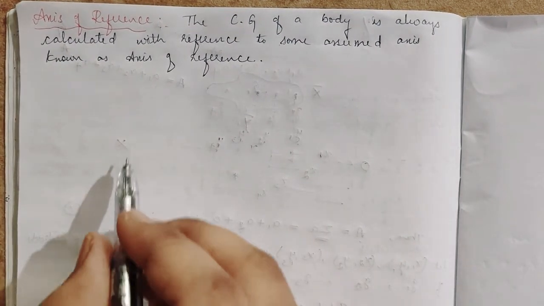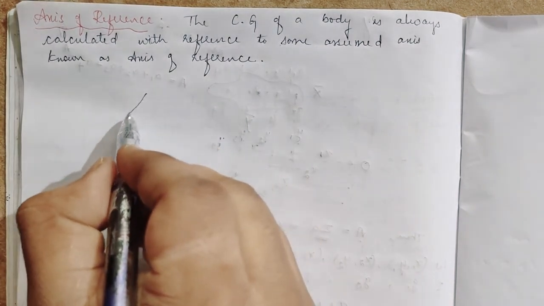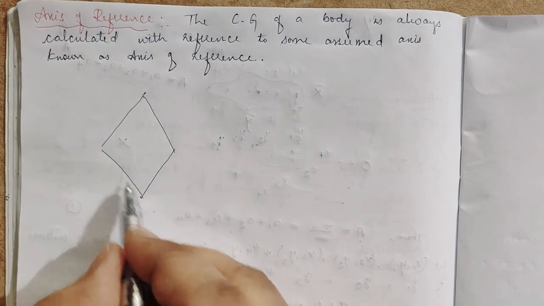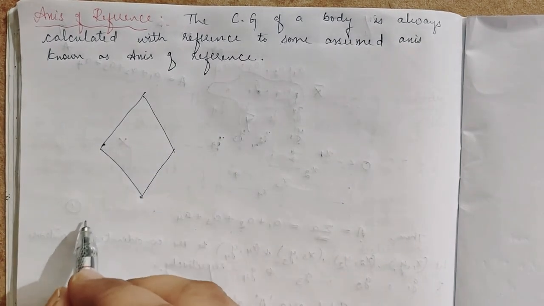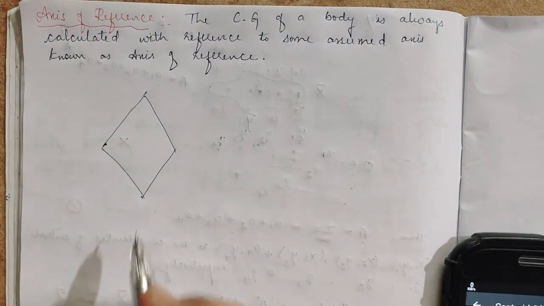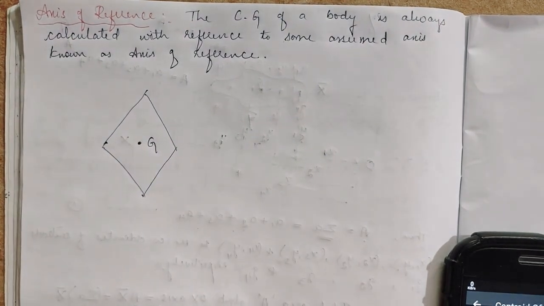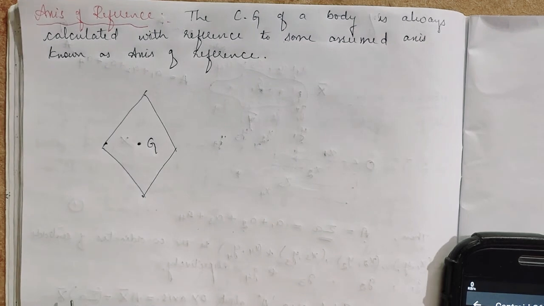So for example, if I take a plane figure like this diamond-shaped one, let G be the centroid at this center. How do we assume the axis?